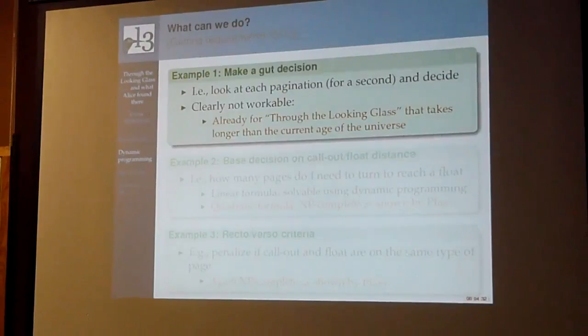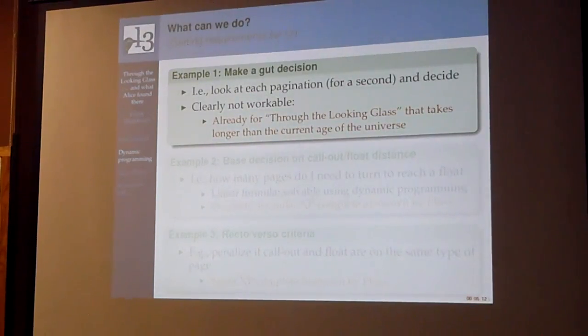So, how can we do it? I give you 3 examples. The first is the gut decision, as I call it. We just look at each and every one. We don't make assumptions that there is a structure in our function. So we really look at each and every one and try to decide what is the best solution.